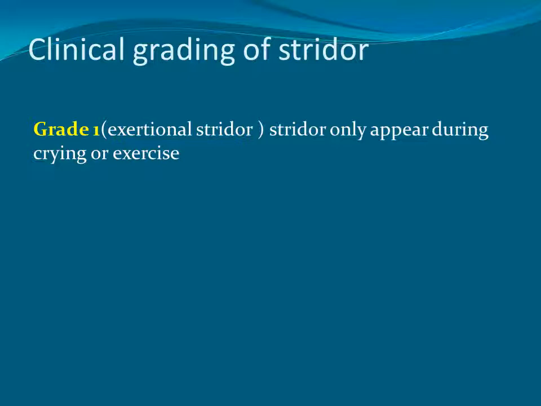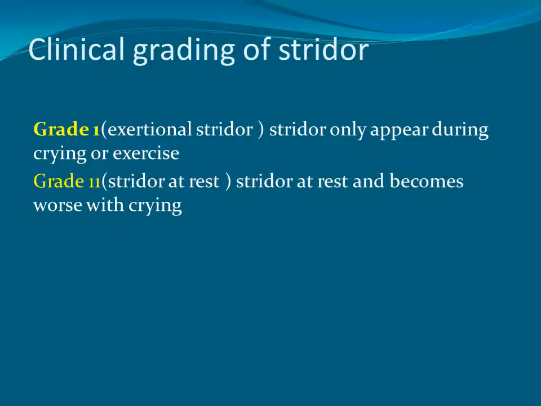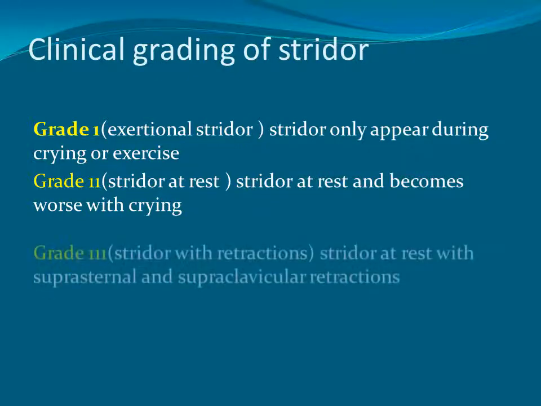If the baby does no exertion, there is no stridor. Grade 2 is stridor at rest: the baby has stridor at rest, but it becomes more severe when he is crying or exercising.